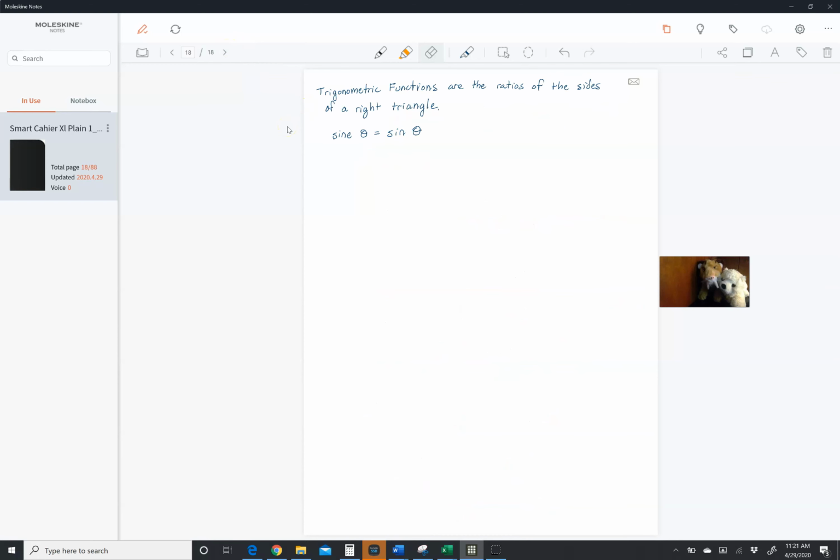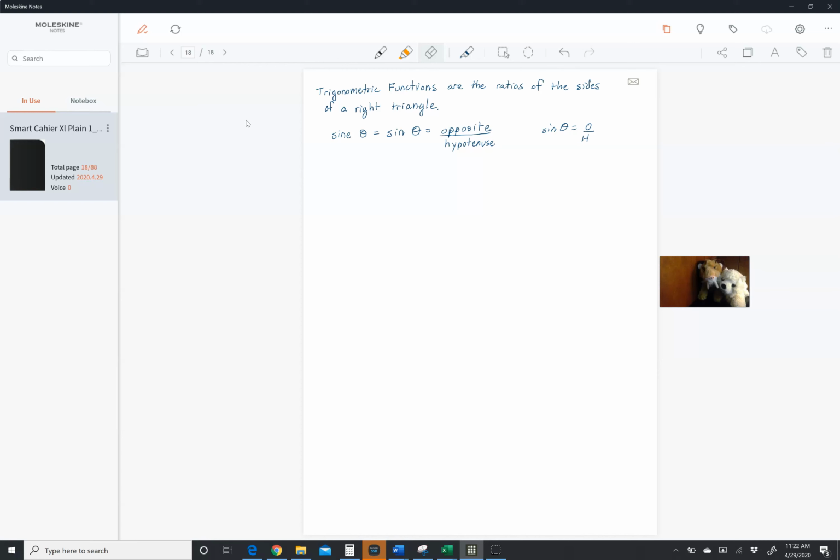And the sine of the angle is the opposite side over the hypotenuse. So typically you'll see it abbreviated as sine is O over H.